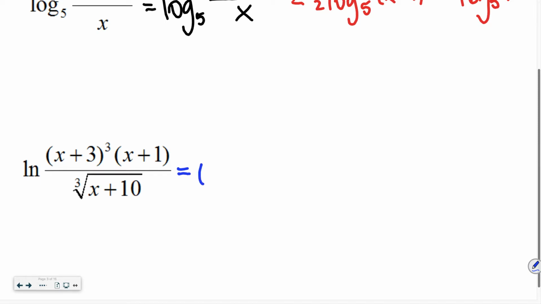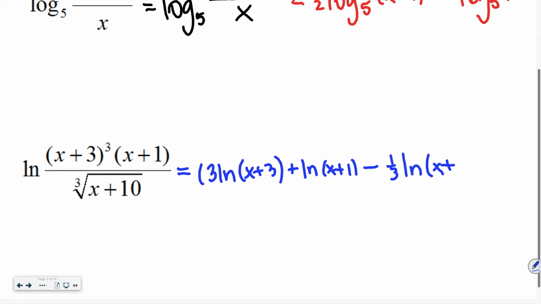Parentheses 3 natural log x plus 3 parentheses, plus natural log x plus 1, minus 1/3 ln x plus 10. And since we're going from left to right, you probably don't need these parentheses right here. Order of operations, left to right, we perform them in if they're tied.